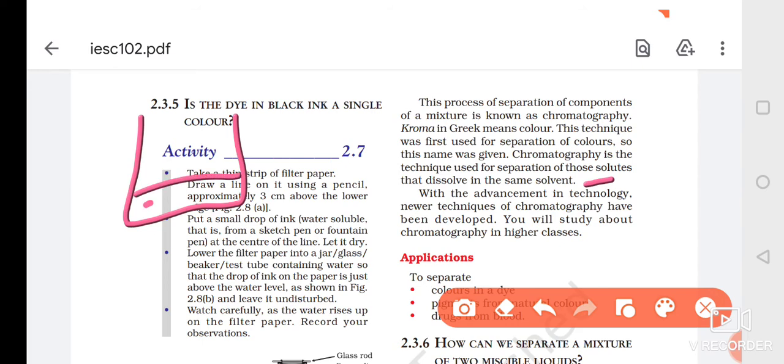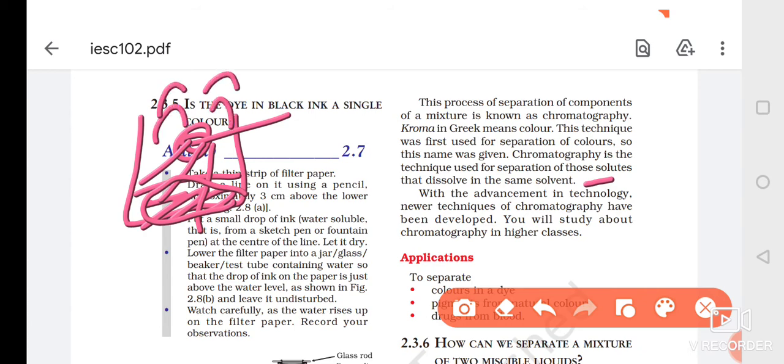Here I have taken water, and the components of my dye, the different colors, were all soluble in water. That is why I have taken water as my solvent, and I received different color patches, meaning my dye contains all those different colors.